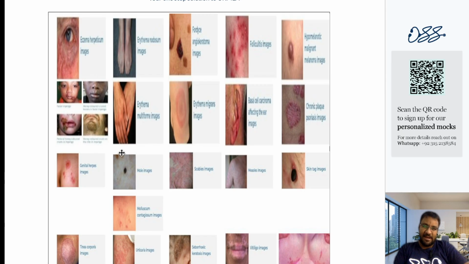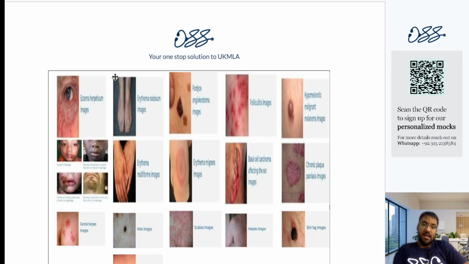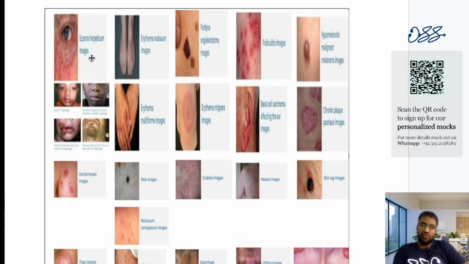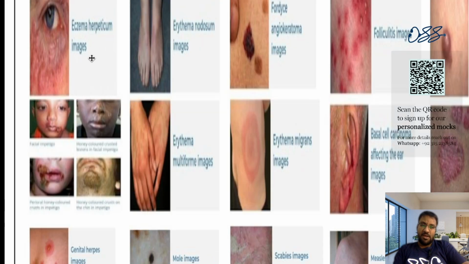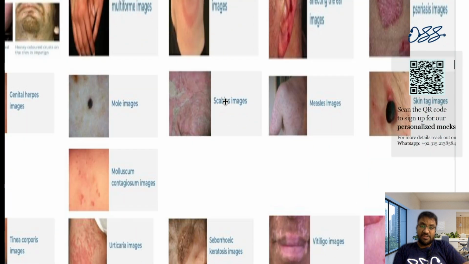It's called derm.net. A lot of pictures are also available there as well, but just google it, okay, just google it and see as many pictures of different diseases as you can. I'll try to zoom it for you, so that you can just have a look and maybe just take some screenshots if you want to.